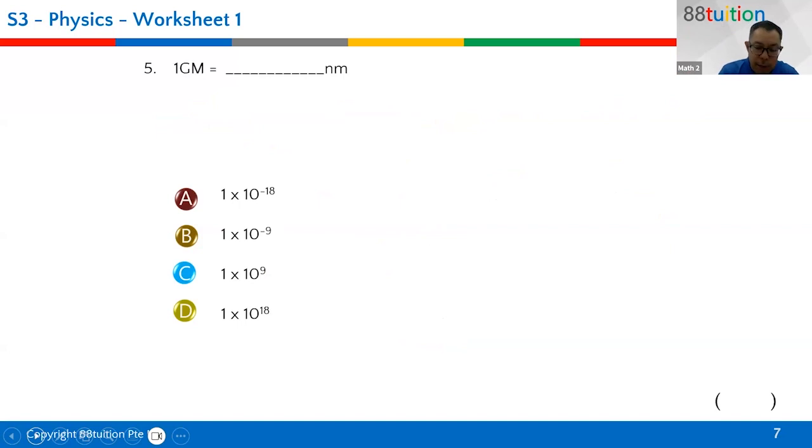So again, 1 gigameter is 10 power 9. So 1 gigameter will be 1 times 10 power 9 meters.